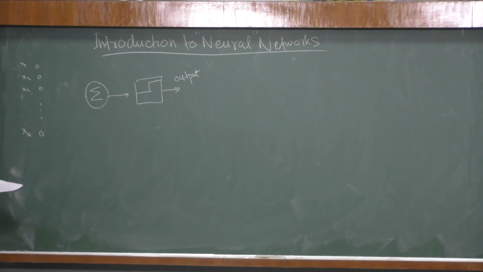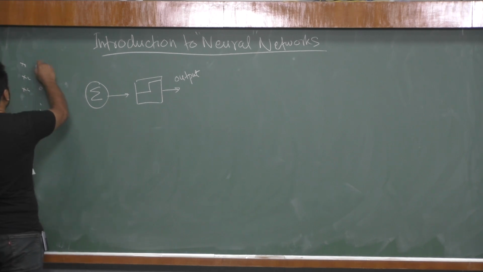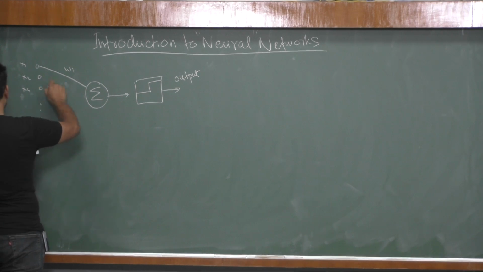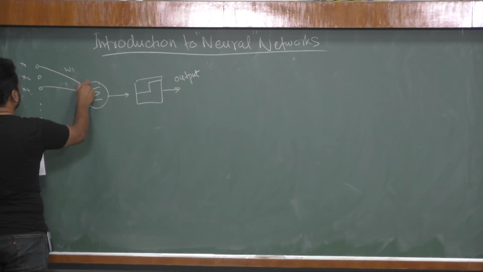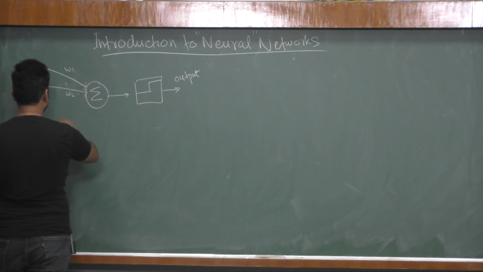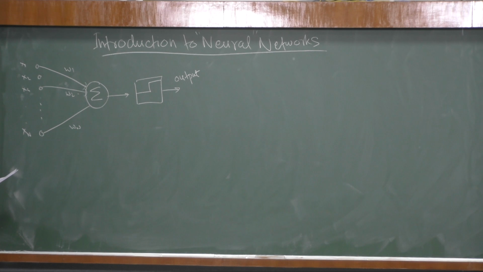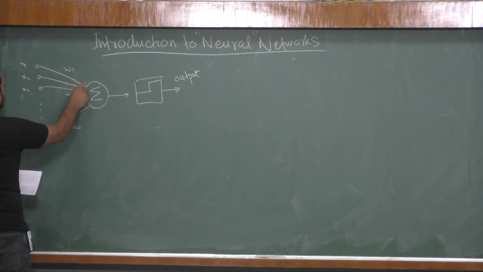Okay. So this is a multidimensional input, and these nodes are connected here by, let's say, w1 weight, and then I have these nodes w2 weights and so on, wn weights and so on. So all these are connected.